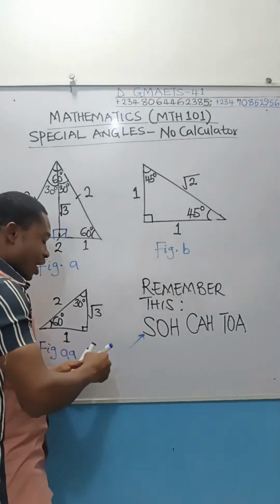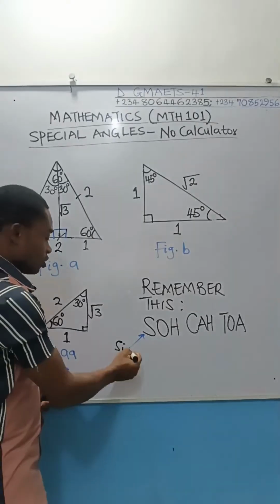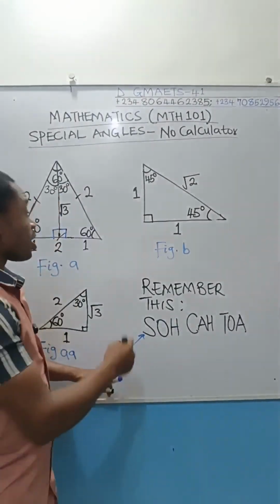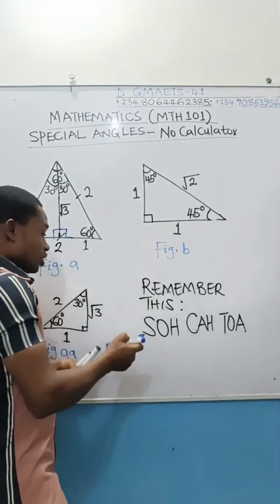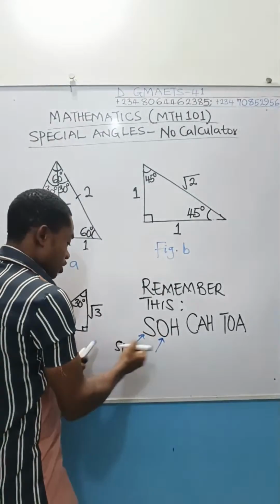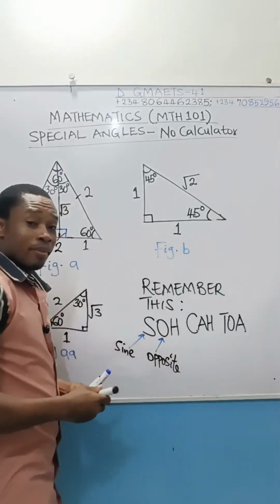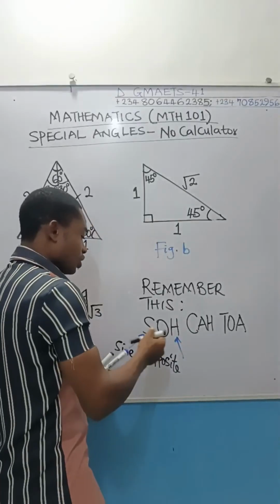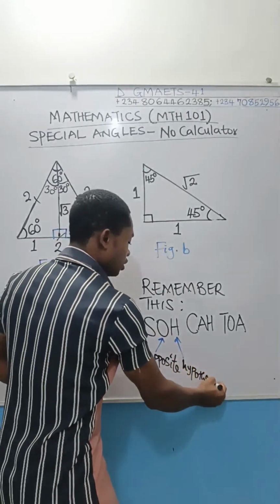This is sine, maybe sine of an angle, sine theta, cos theta, or whatever. If you are writing that sine theta, it will be sin, then the theta. This O is opposite. This H is hypotenuse.